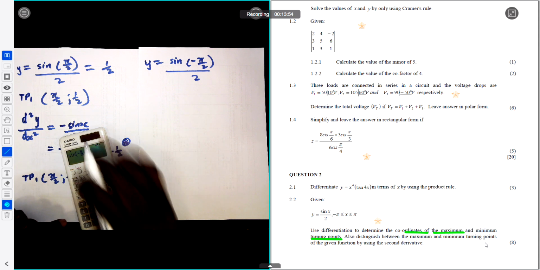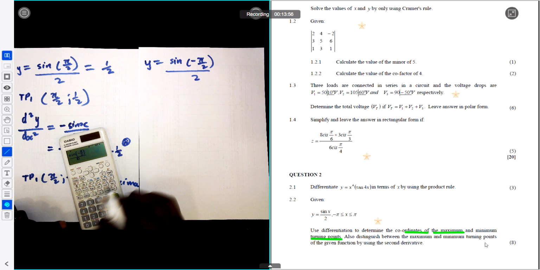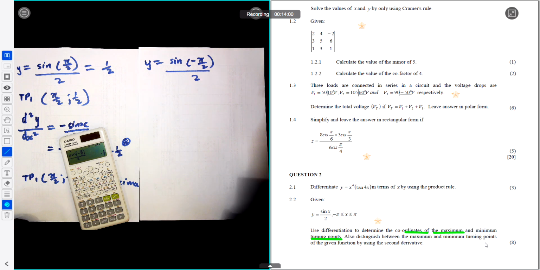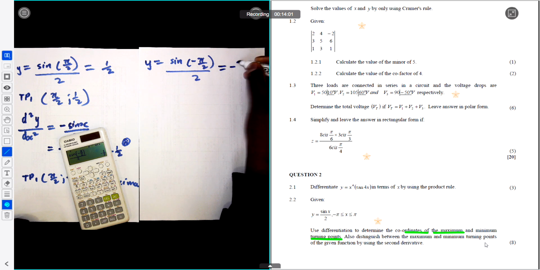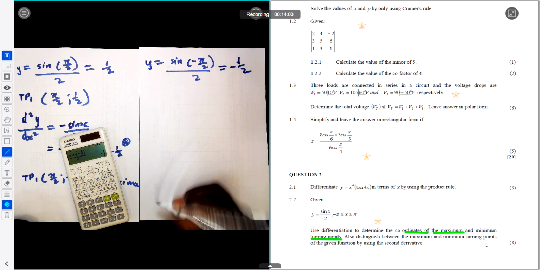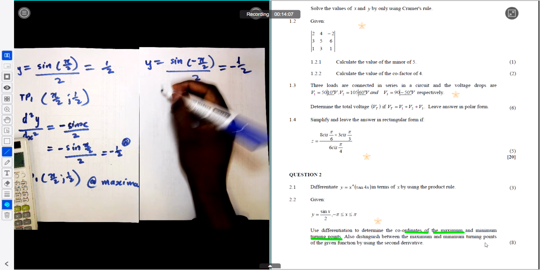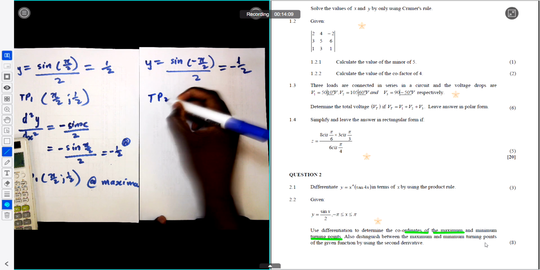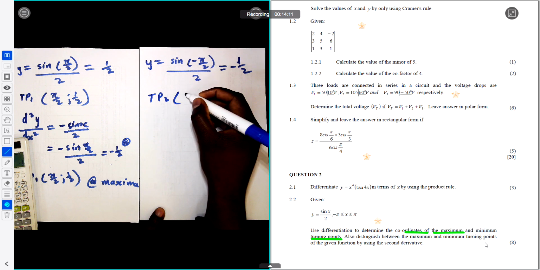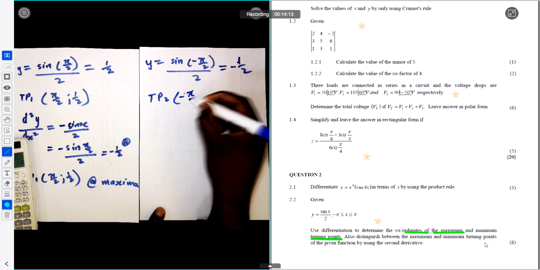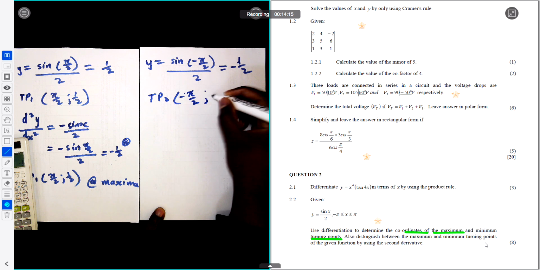The calculator must be in radians. If you're working in degrees, substitute 90 degrees. So we get negative half. So for the second turning point, if x is negative pi over 2, y is negative 1 over 2.